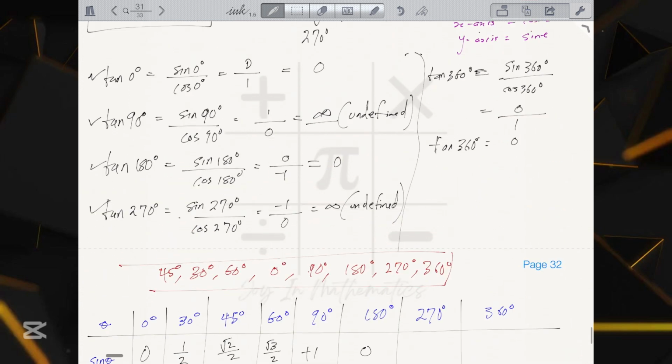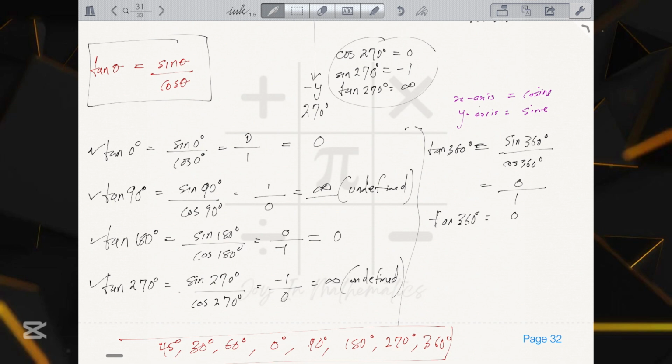Moving on to 270 degrees, you can see cos 270 degrees is 0, sine 270 degrees is -1, and tan 270 degrees is undefined, which is infinity.